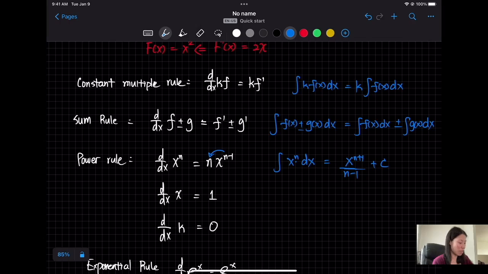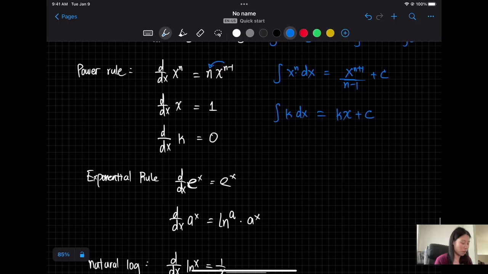For special cases, such as when you have a constant and want to do the antiderivative, this is going to equal k times x, and then plus a constant. Okay, for the exponential rule, the antiderivative of e to the x is going to be the same, but you need to add a constant c.